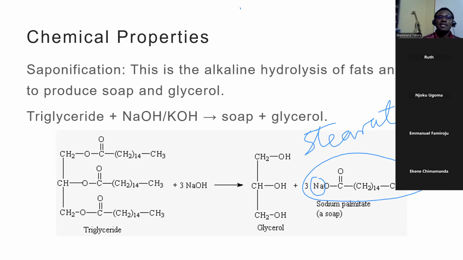Now, let's look at this very important thing. When soap is made, we're also going to talk about it, because in our next class, we are going to do soaps and detergents. When soap is made, the soap and the glycerol are mixed together.